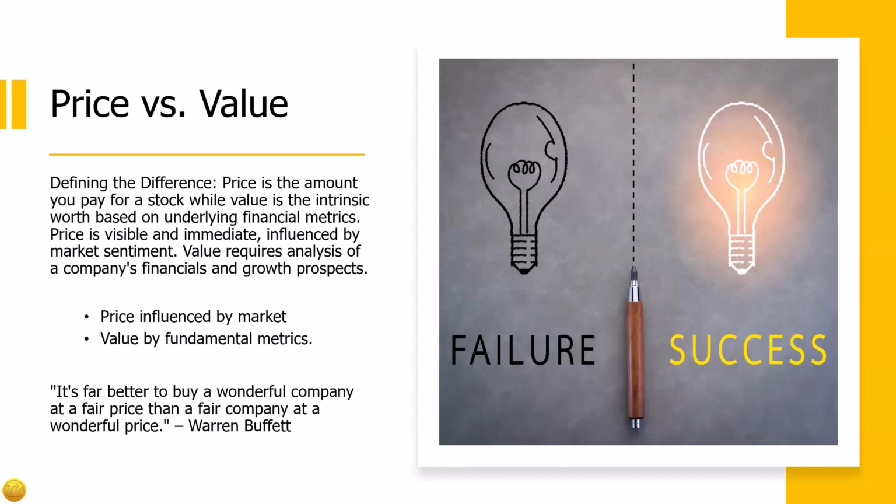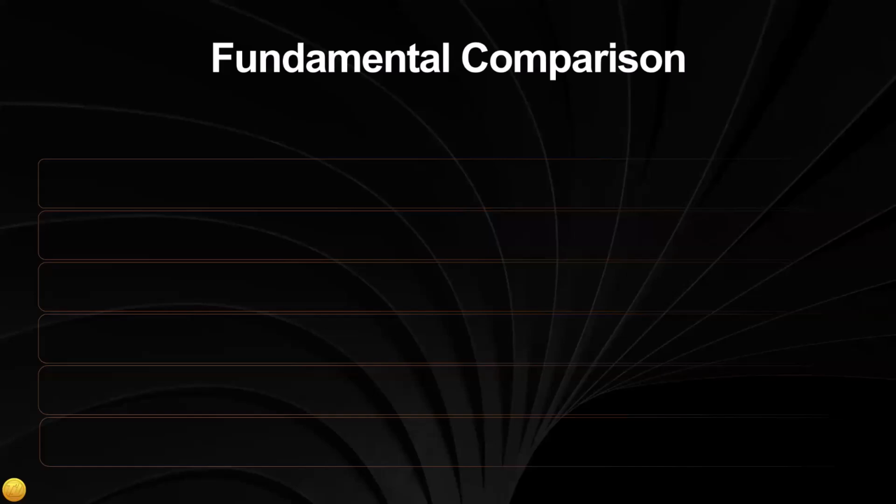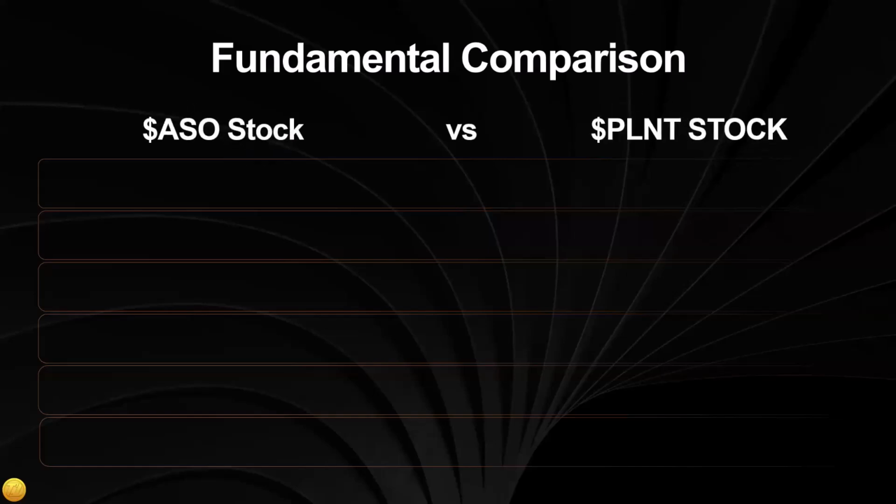And the only way to assess the true value of a company is to look under the hood at the fundamental metrics. So let's start a little fundamental comparison between two companies and two types of investors. On one hand, we have investor A, and they are looking at Academy Sports. On the other hand, we have investor B, and they're looking at Planet Fitness. Both of these stocks are in the consumer discretionary space.